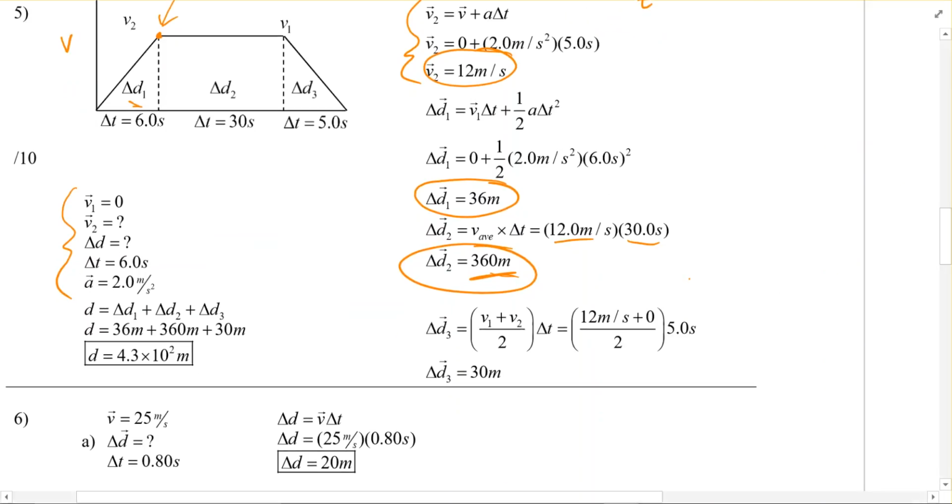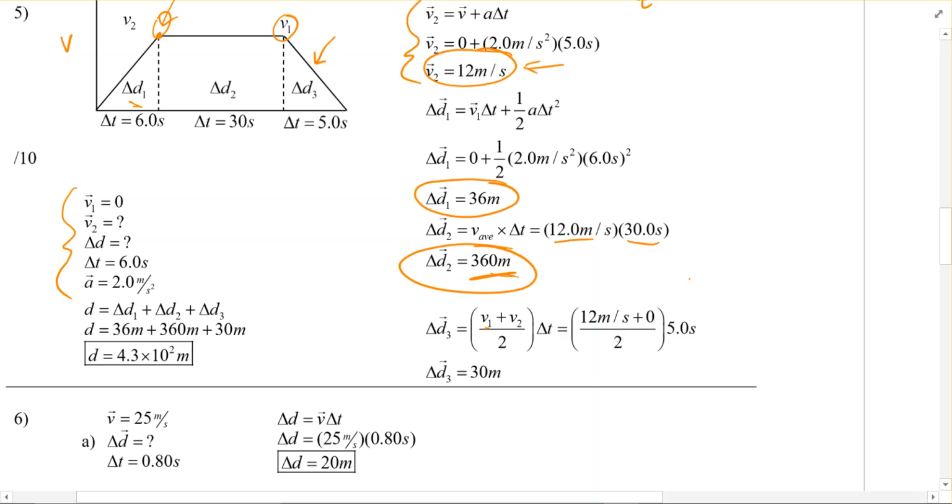And then for the last part we had to use a different formula because we don't know what the acceleration was on that part of the graph. But we do know that the velocity here is the same as the velocity that we just found. So VI in this case is going to be 12.